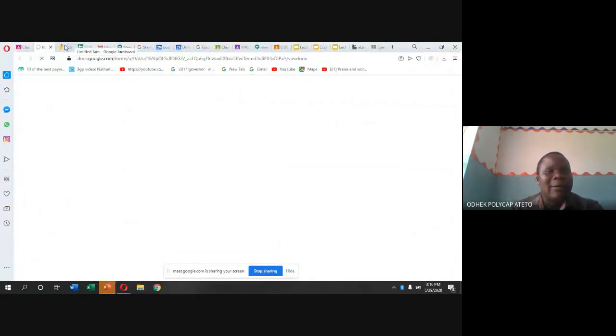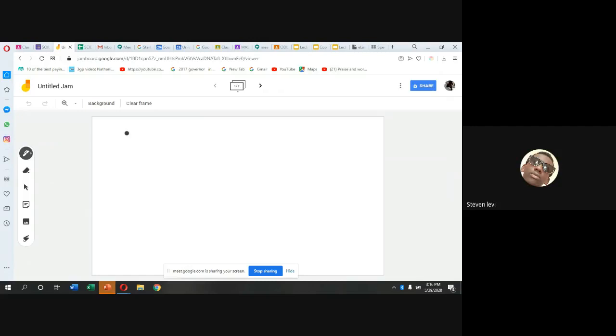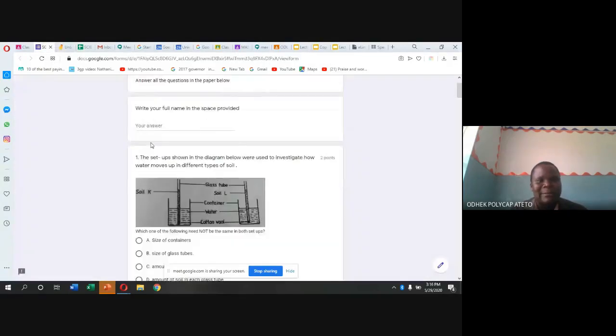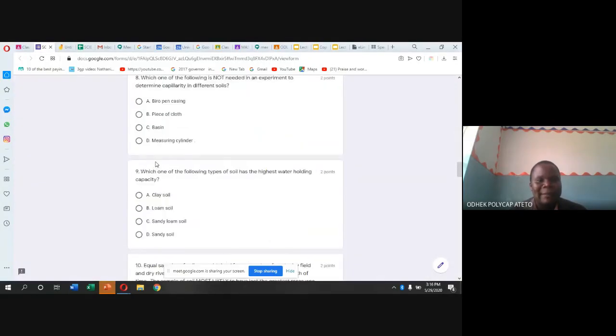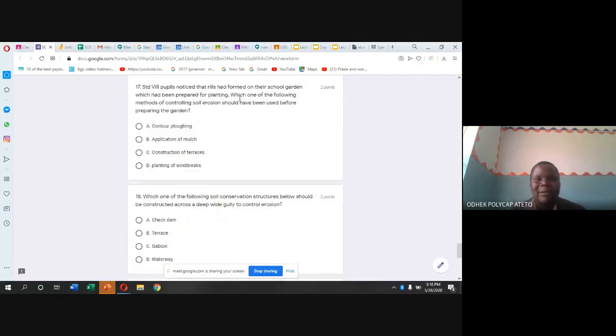So what I was saying, rills are these small channels formed in the soil, caused by soil erosion that we are talking about. Now we are being told in question 17 that these pupils noticed that there were rills in their compound, on the land that they had already prepared for planting.